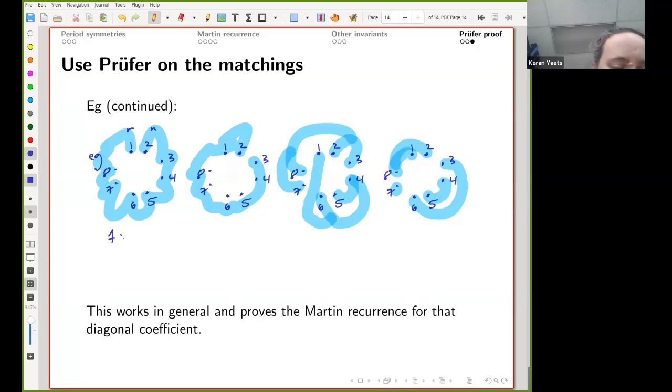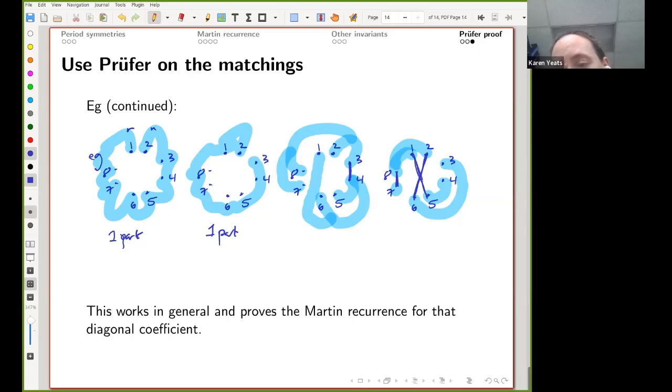So these two only have one part. This only has one part. Now, this has two parts, so I need to add an edge somewhere to turn it into a tree. And this one has four parts, so I need to add three edges to turn it into a tree.